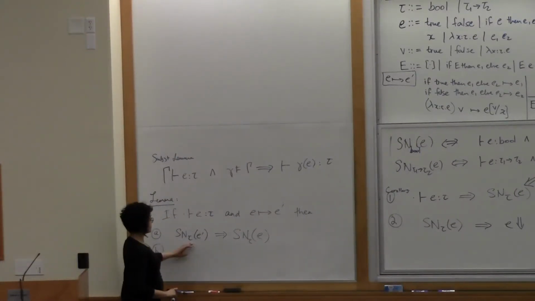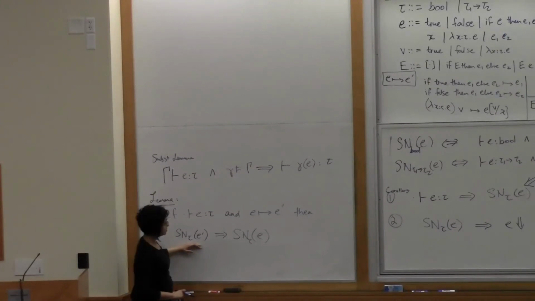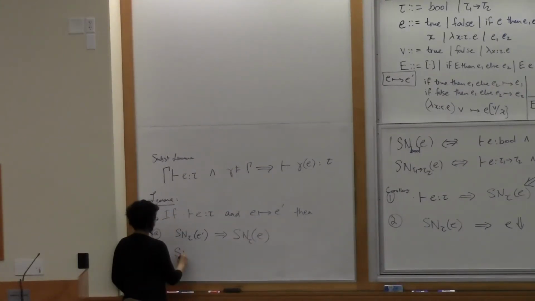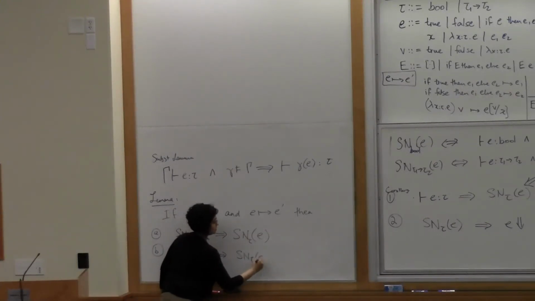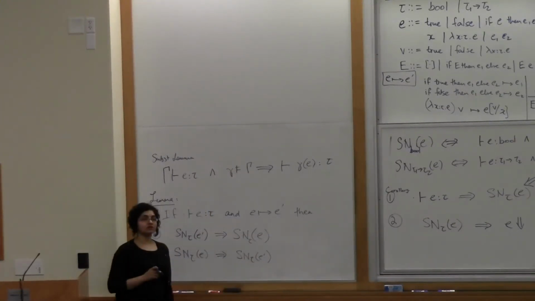So in other words, you could think of this as membership in the logical relation being preserved under backward reduction. And then we want the forward reduction case. So if E belongs to Sn tau, then E prime does. Okay?